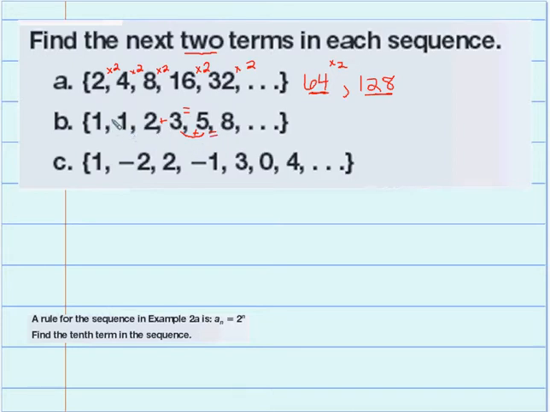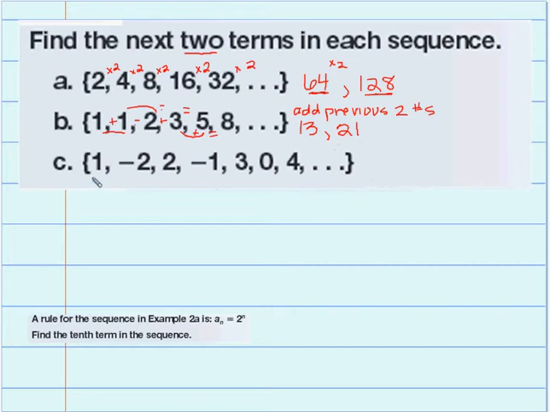And if I add 1 plus 1, I get 2. And 1 plus 2 equals 3. So we're adding, so this is add the previous 2 numbers. So 5 plus 8 would be 13, and then 8 plus 13 would be 21.